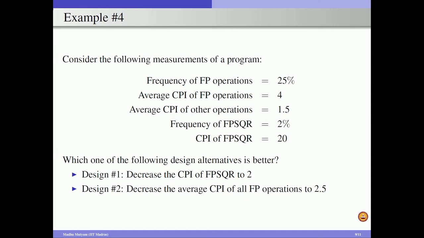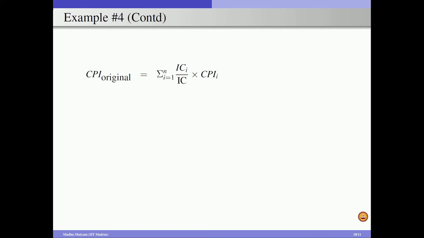To do that, we use the processor performance equation. We know that CPI original is equal to the sum of the instruction count fraction times its corresponding CPI. So in the original case, we have 25% of the instructions are floating point, which takes 4 cycles as CPI, plus the rest of the instructions are 75%, which takes 1.5 as CPI.